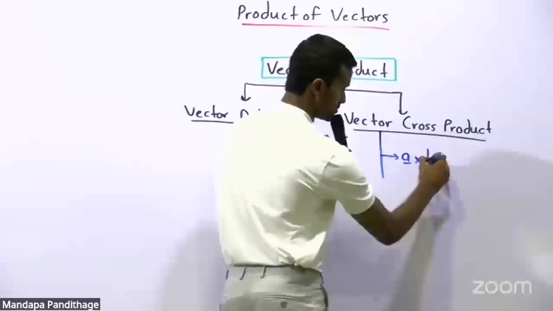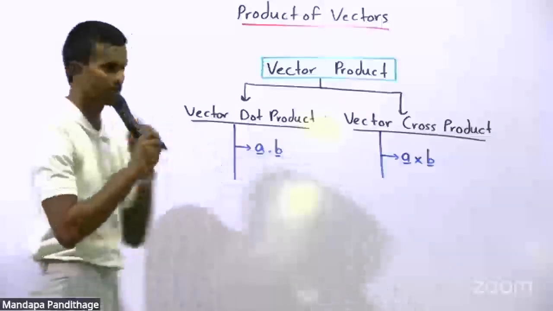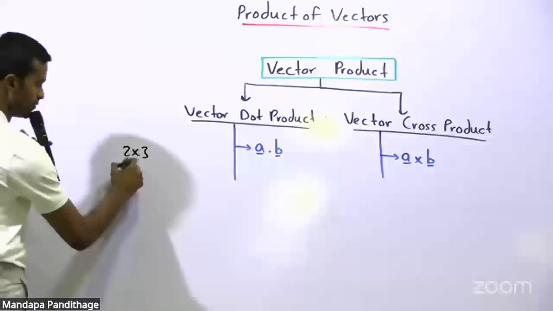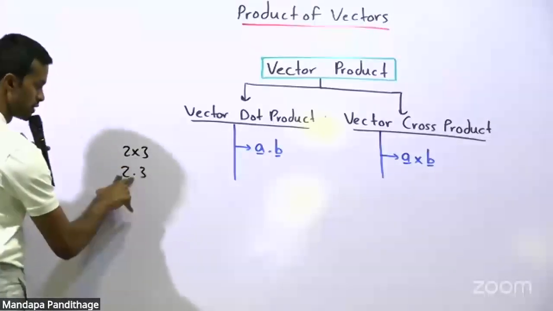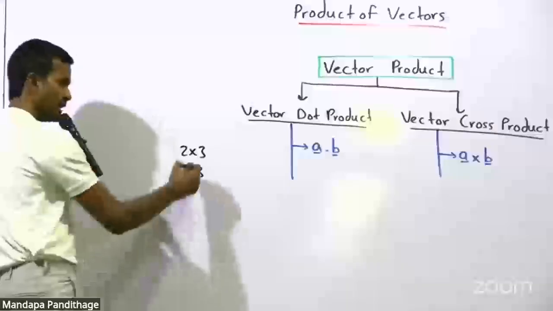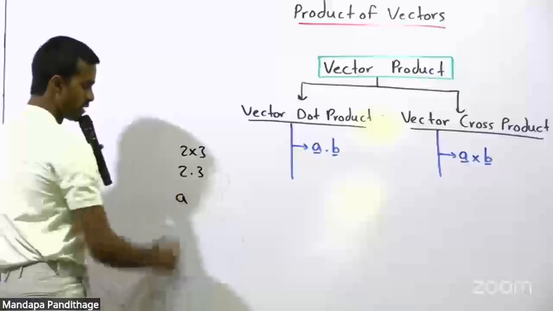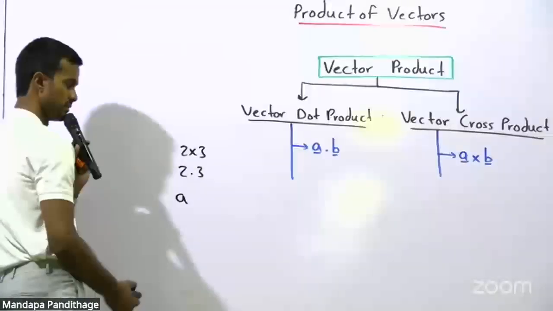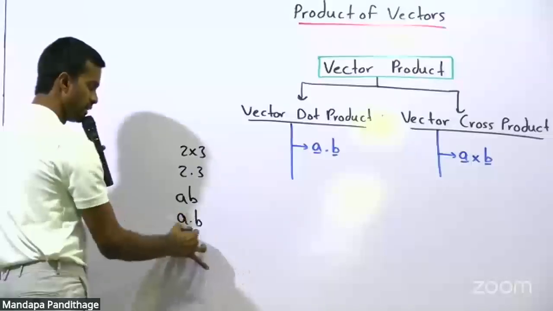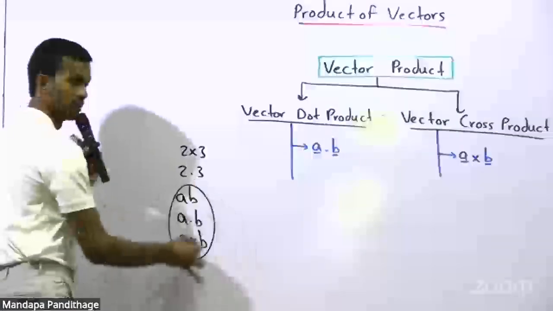A cross B. But we know when it is scalars, even though we write 2 into 3, it's 6. Sometimes we use a dot, because we have to specifically mention that this is not 2.3. If we mention this dot, it's the same. And let's say A and B are two scalars, numbers. Even though we write AB, A dot B, A into B or A cross B, all are giving us the same value, the same meaning.